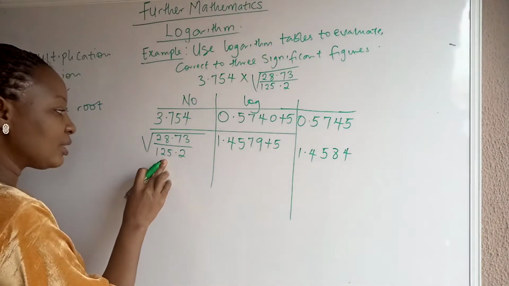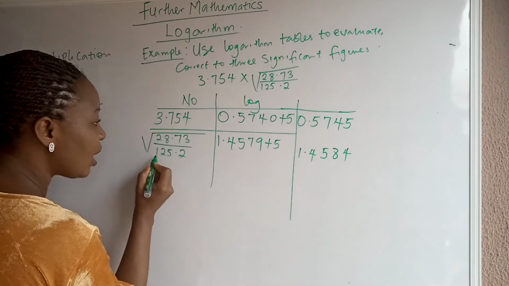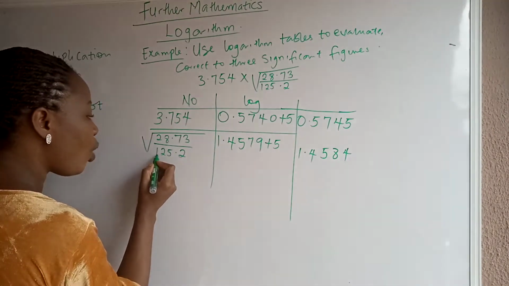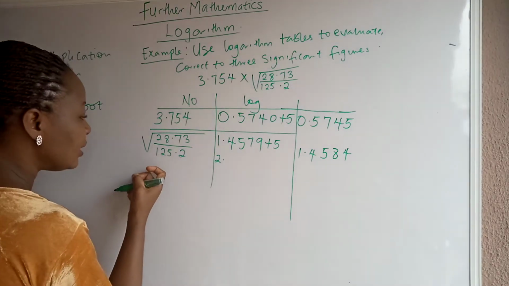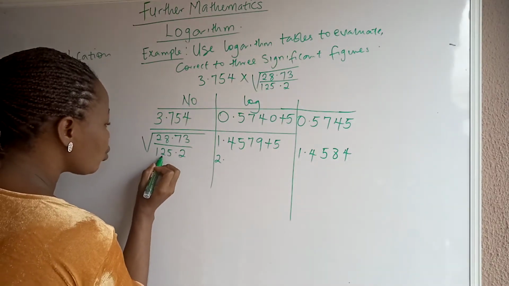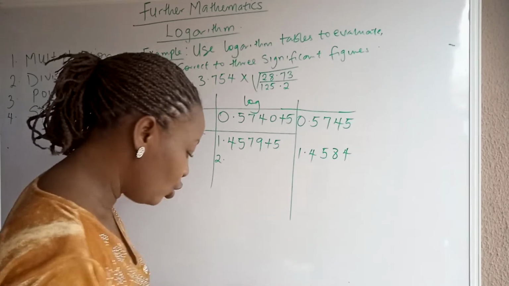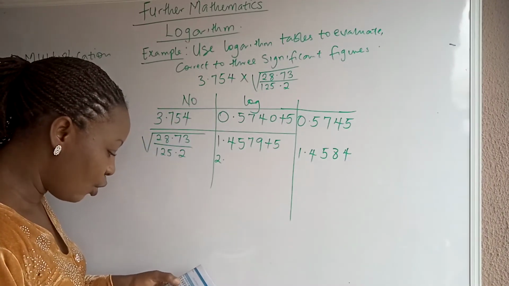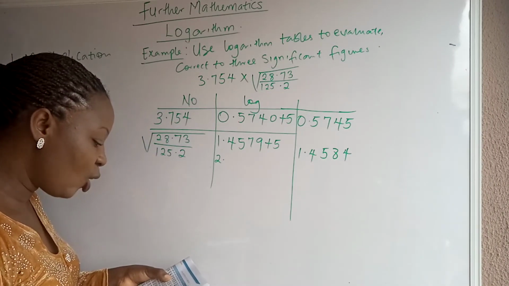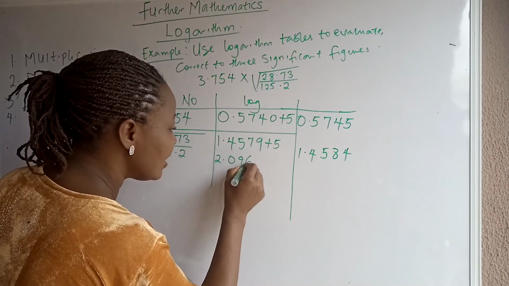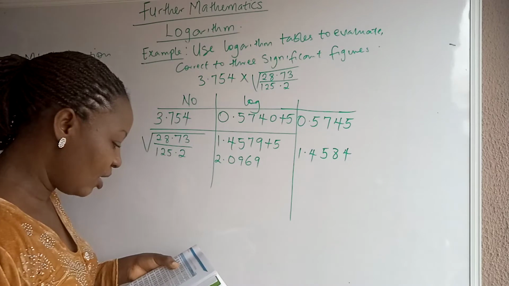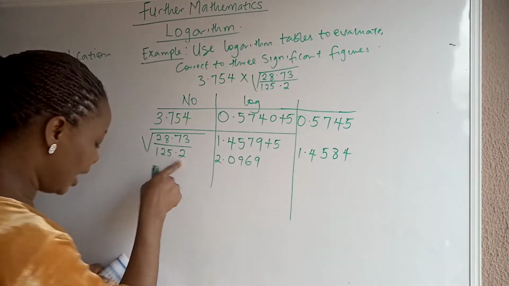Then I will come down to this one. I'm going to count the number before the point. That's 1, 2, 3. So it's going to be 2 points. Then I will look for the logarithm of 12 under 5. Logarithm of 12 under 5 is 0969. Then difference 2.